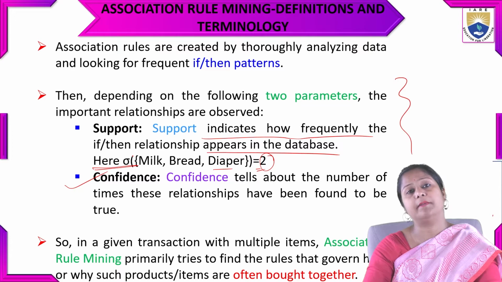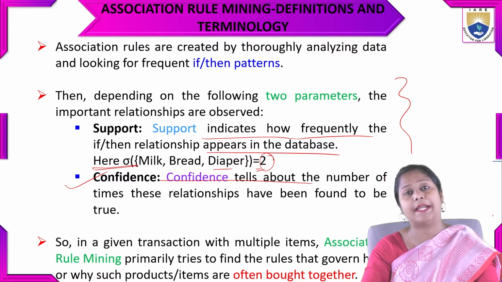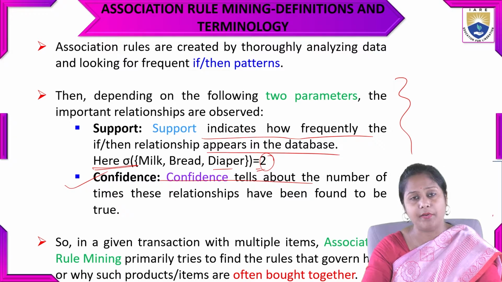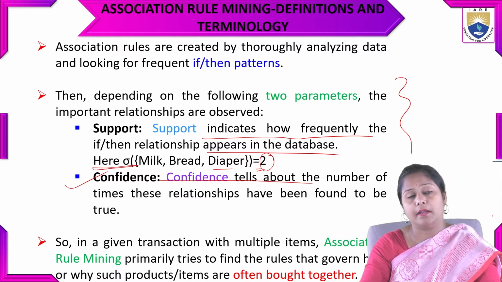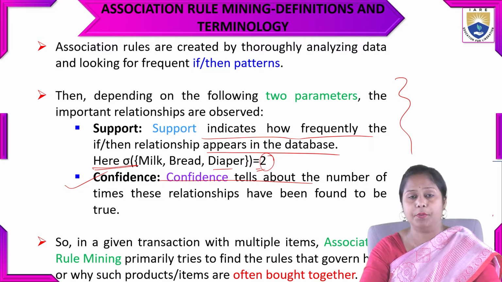Confidence is also a relationship measurement. Confidence tells about the number of times these relationships have been found to be true in that database. Confidence comes after the support. We have to measure the support of a particular item, and then we will be able to find out its confidence.